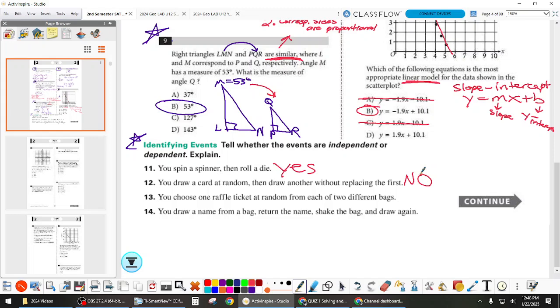What about you? You think those are independent or not? The question is, if I draw a raffle ticket from 2 bags, are the probabilities of those independent?